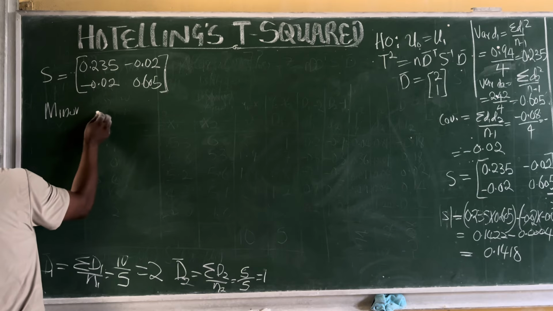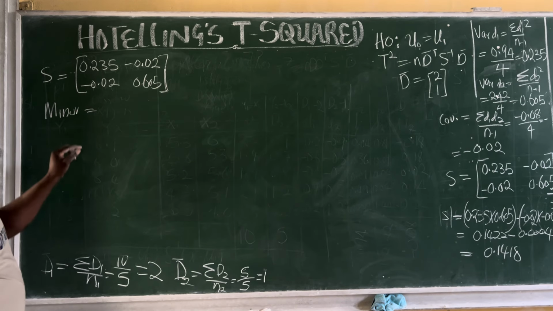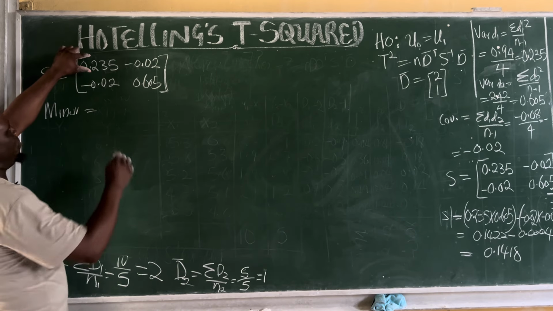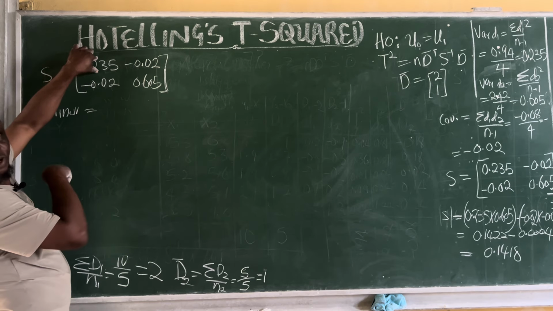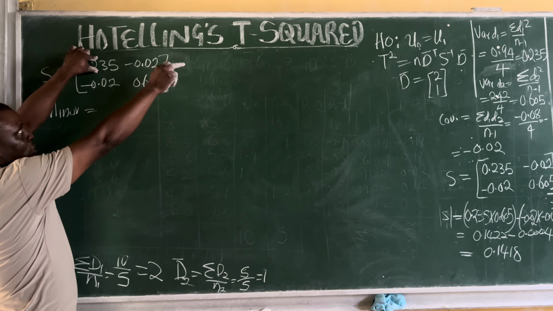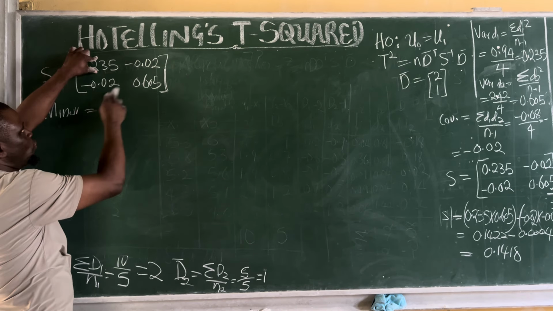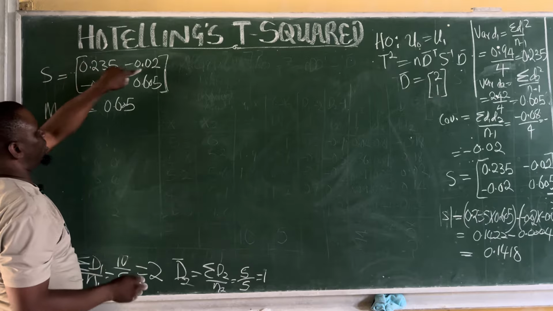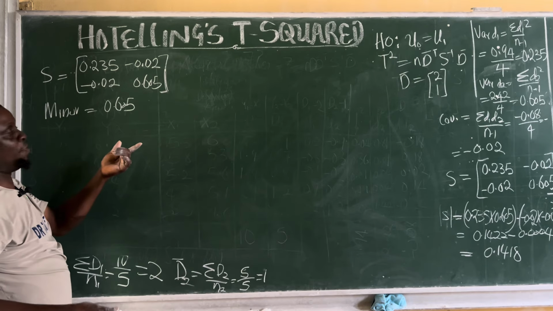Minor will be equal to, now when we look at this particular value, we just remove the row and the column. So what will be left is just this value. We have 0.605. And so like we say they are symmetric, so whatever, it will remain the same.